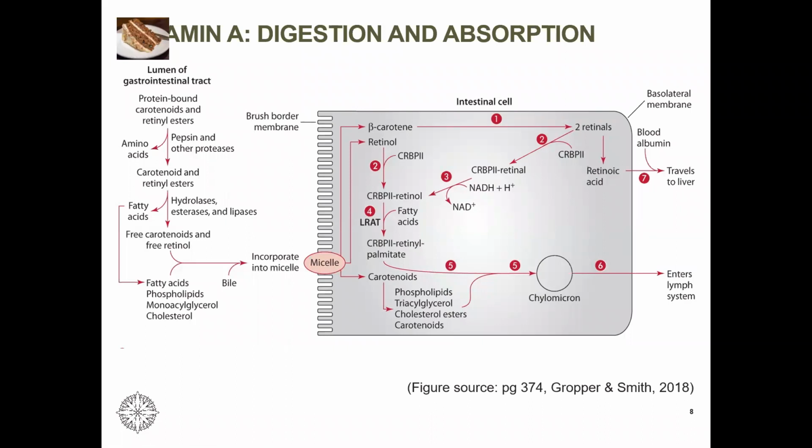Okay. Now, just one step which I did not speak about so far is that this retinol that we are making from beta carotene has two fates.